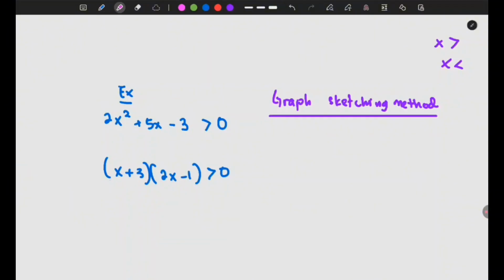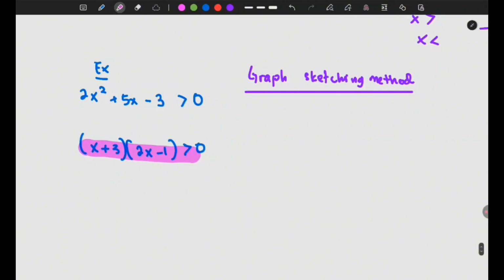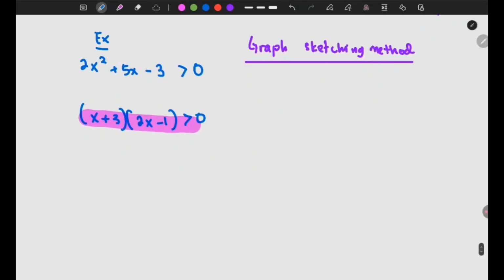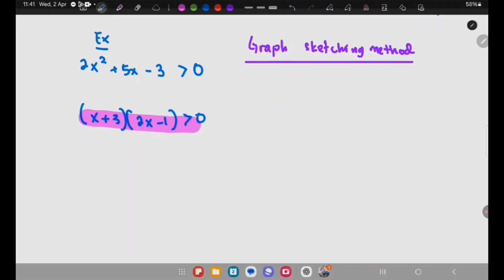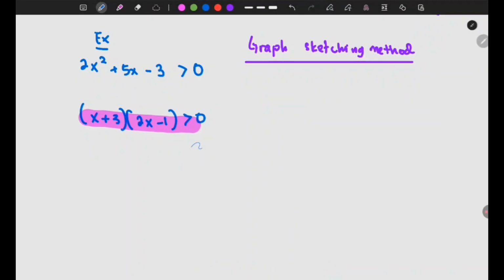After this is very important. How are you going to do graph sketching? So let's just say first, assume that this is equal to 0. Assume like this: x plus 3, 2x minus 1. If it's equal to 0, what will you do?